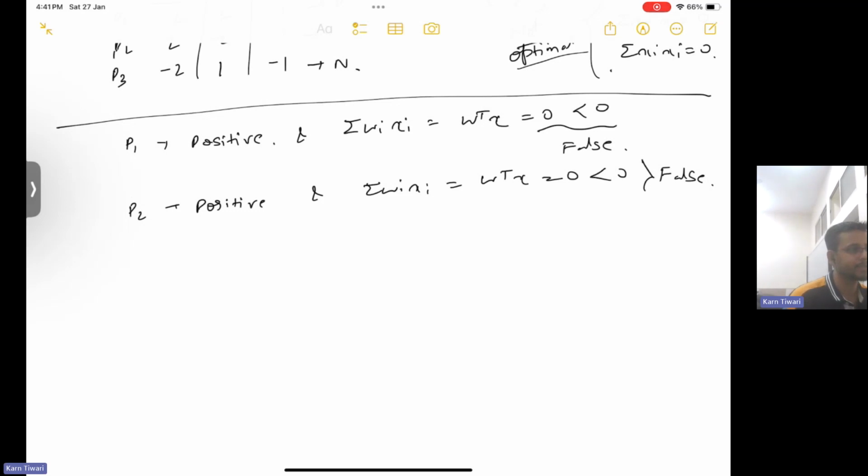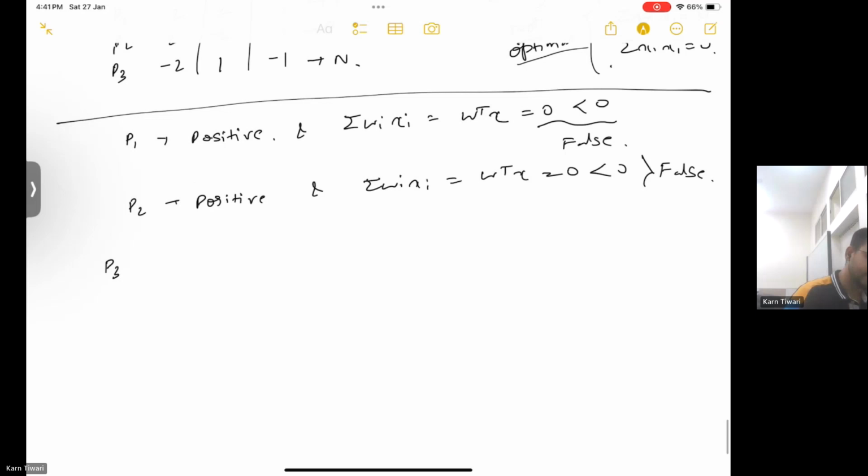So what we need to do is pick up the third point, which is negative, and the summation of Wixi in this case is also 0, which is greater than or equal to 0. This condition is true.